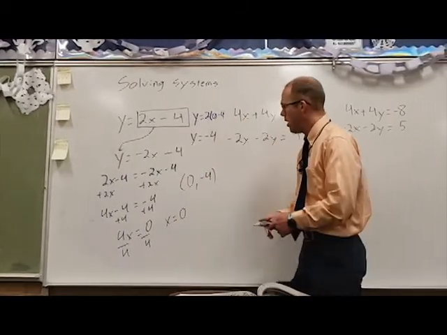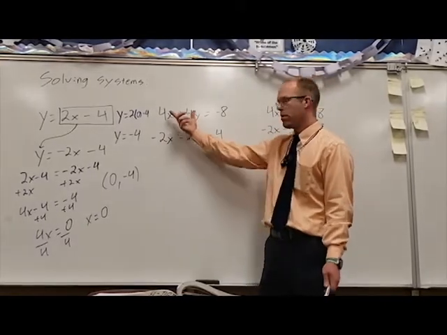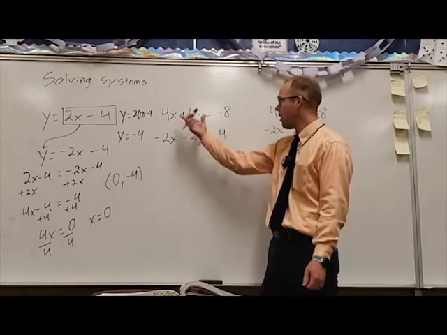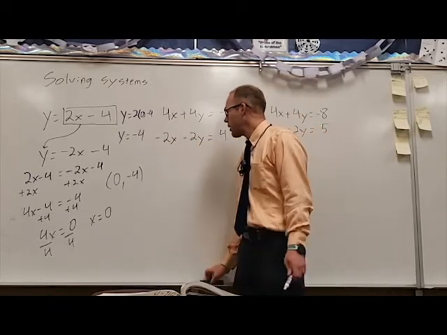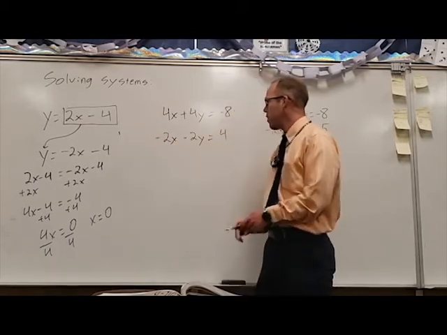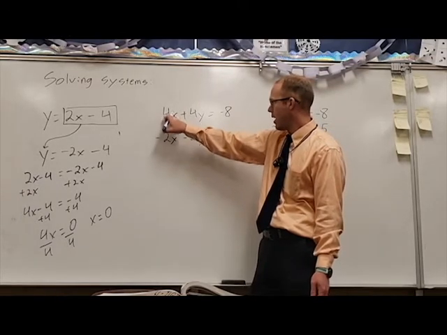This one does. Let's take a look at this one. Now both the x and the y variables are on the left side, so I'm going to choose elimination on this one. I like that when they are both on that side, but they don't match up yet. So I'm going to have to change one of these equations to get them to match up. I'm going to change this -2 into a -4 so that my x's match up.